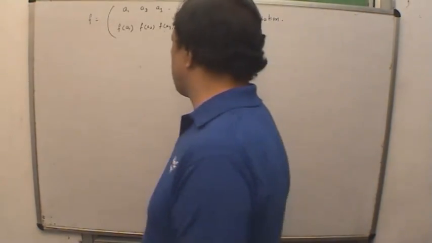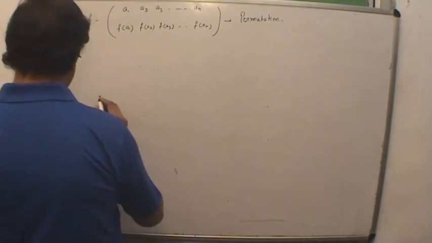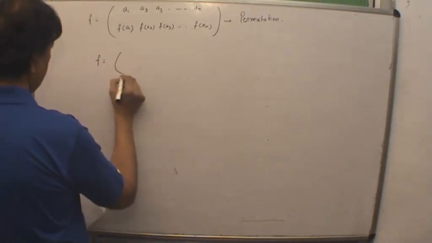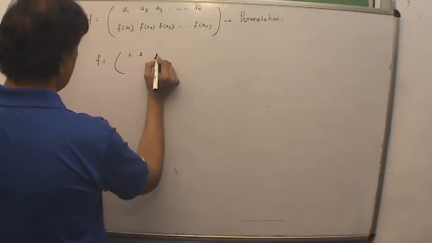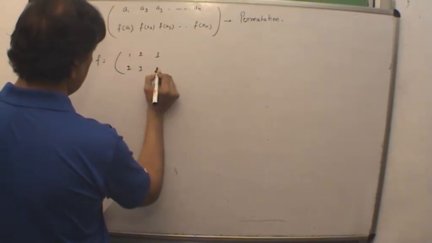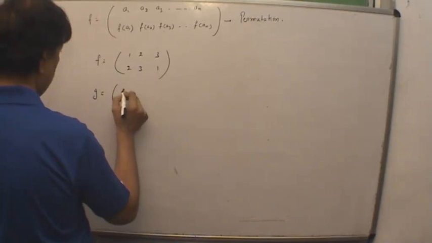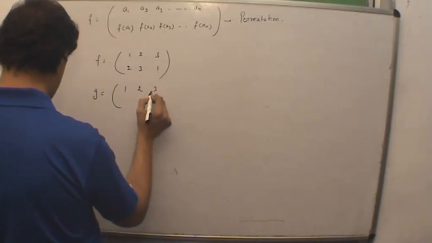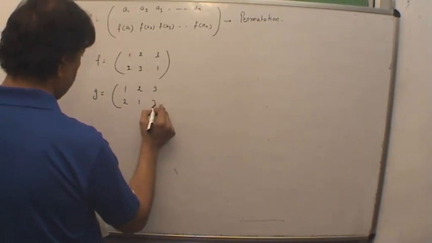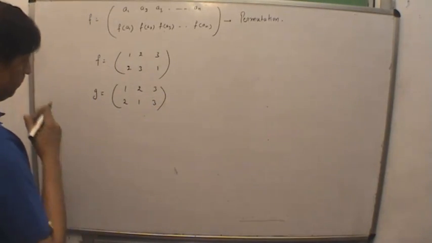So we discuss its properties. Let us consider f as 1, 2, 3 over 2, 3, 1 and g as 1, 2, 3 over 2, 1, 3.